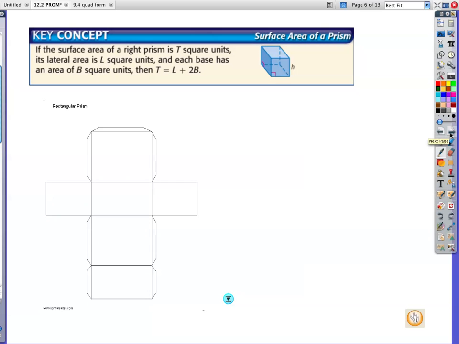Okay, surface area. The book uses T for surface area. I do not know why. However, I will probably write surface area a lot. We might put T in there occasionally, but kind of be ready for either one. It makes sense to me to put SA for surface area. Now, you're going to have your lateral area plus 2 bases. Oh, wait, your lateral area is this, right?